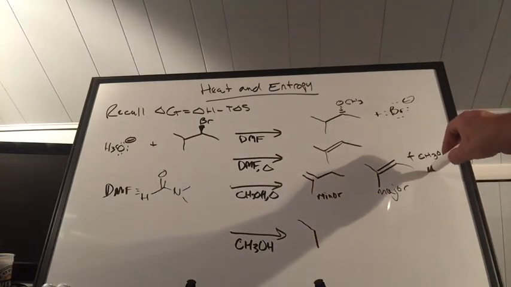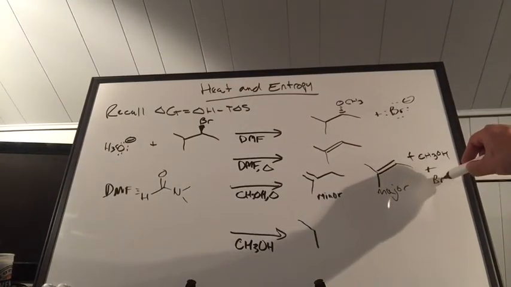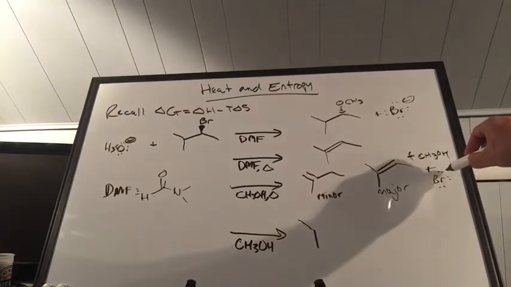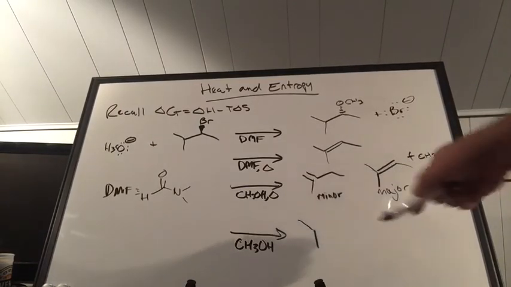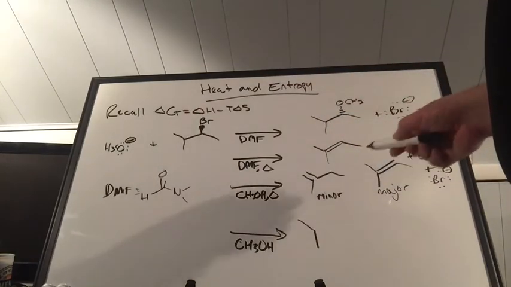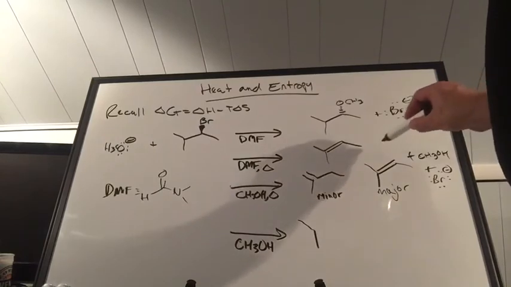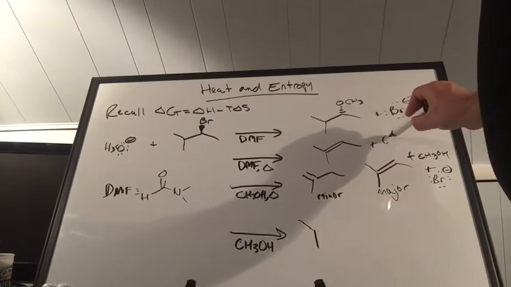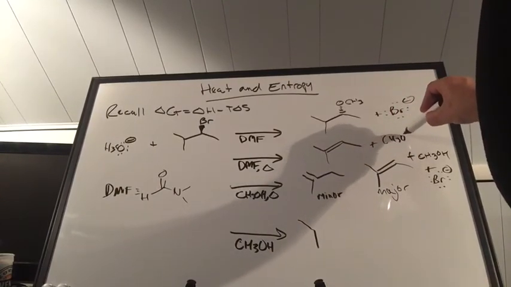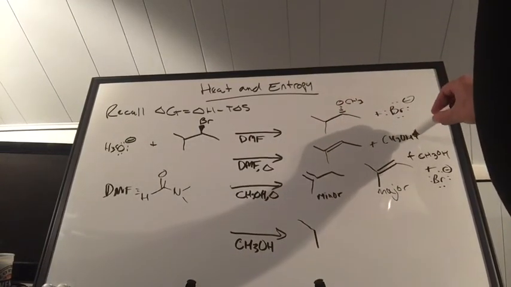And then you're also going to have that group that had left, in other words, Br minus. So something to think about in terms of entropy. So in other words, 2 in, 3 out for both cases there, right? So you're going to have methanol here. Both cases in the middle is what I'm referring to.